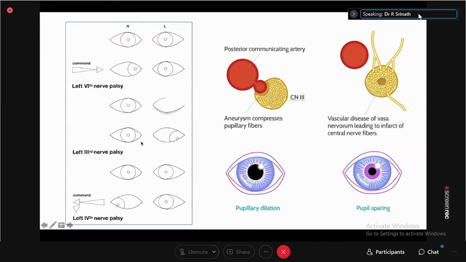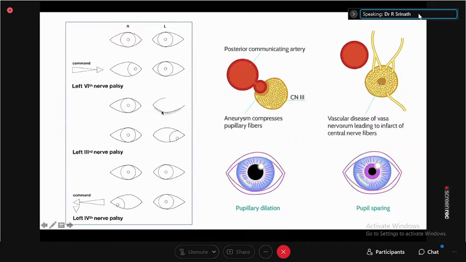Similarly, whenever there is left-sided third nerve palsy, the individual is unable to look medially. Because of that, there is unopposed action of the lateral rectus. The eye is deviated laterally, and there is possibly involvement of the levator palpebrae superioris.